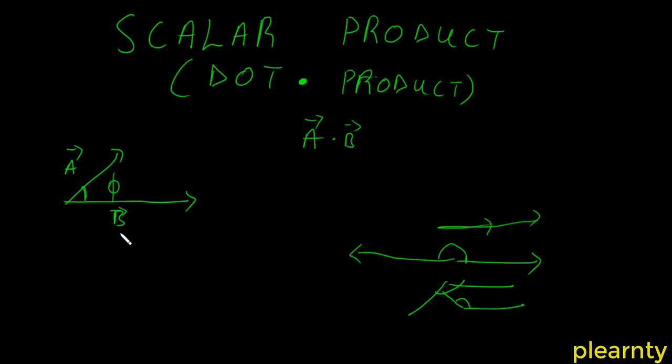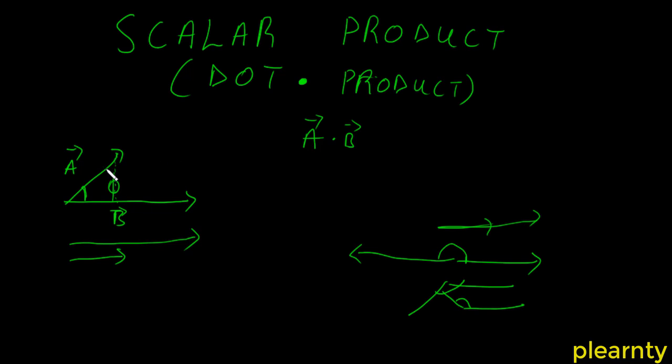After getting the phi, the scalar product is the magnitude of any of the two vectors, let's say B, multiplied by the B component of vector A. That means what A will be on B axis. So you want to multiply this by this. Or you multiply the magnitude of A with what B would be on A axis.